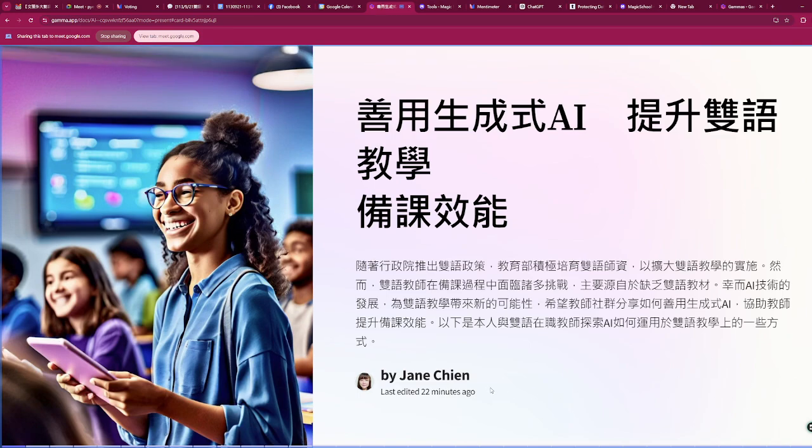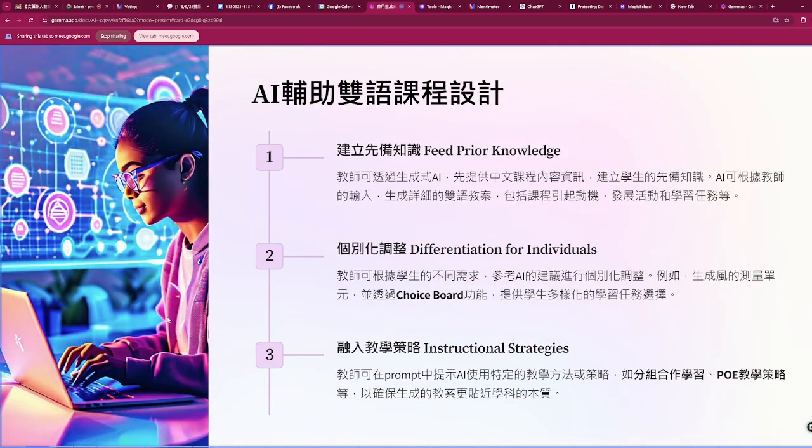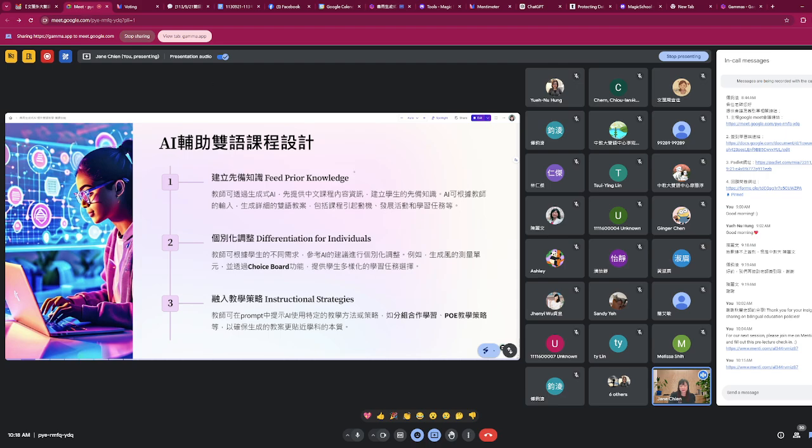So basically, we're promoting the use of AI because it's more efficient and very helpful for us teachers to plan instantaneously, get our ideas, pick the brain, and use AI to help us with lesson planning. But first of all, we don't use generative AI or ChatGPT like a Google search.